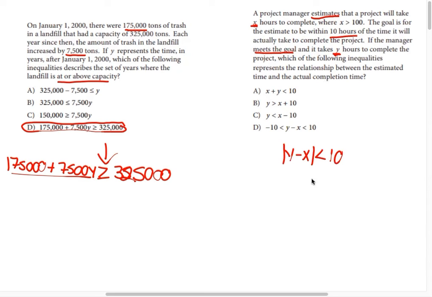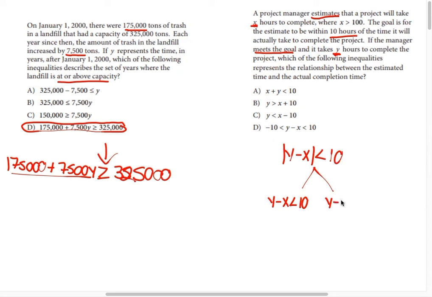When we have an absolute value, which this should actually be in the next one, we're going to go over these now, but this separates into two separate inequalities. One of them will be Y minus X is less than 10, which looks exactly the same just without the absolute value.